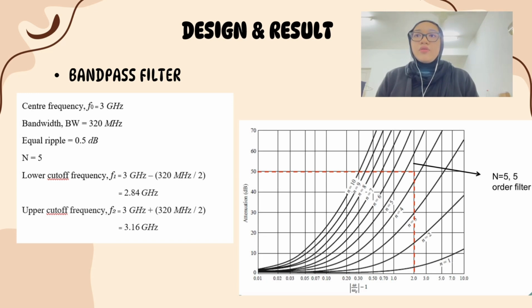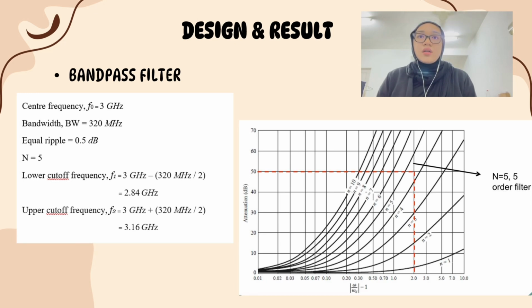The lower cut-off frequency is 3 GHz minus 320 MHz divided by 2, so the answer is 2.84 GHz. The upper cut-off frequency is 3 GHz plus 320 MHz divided by 2, so the answer is 3.16 GHz.